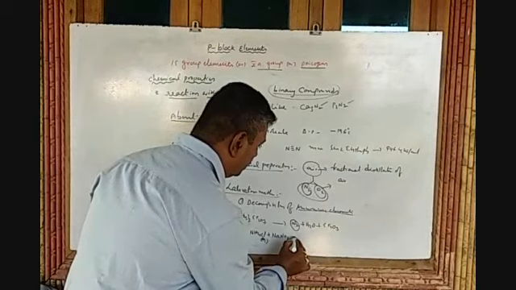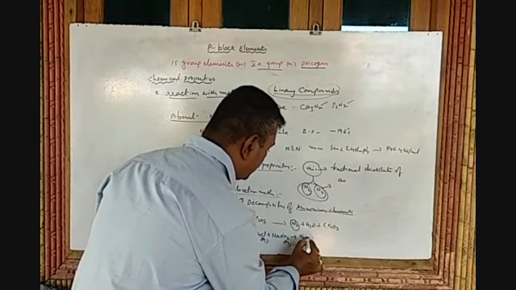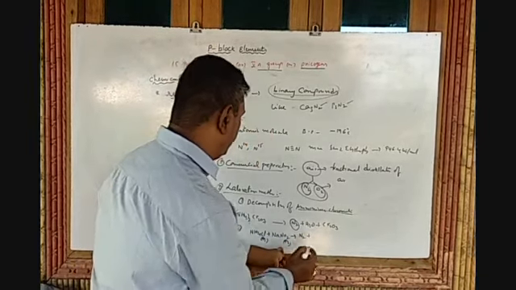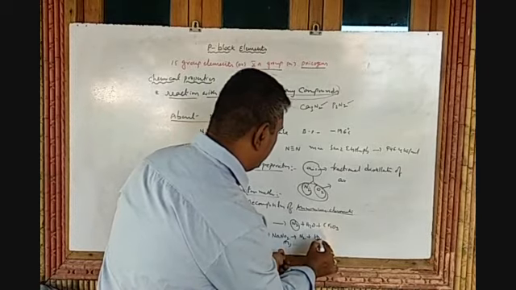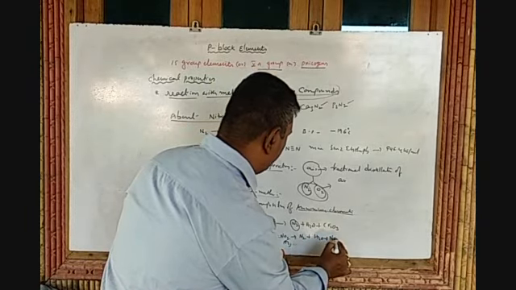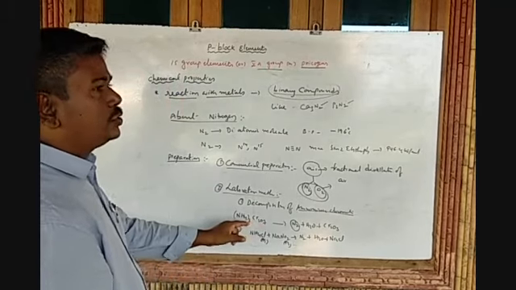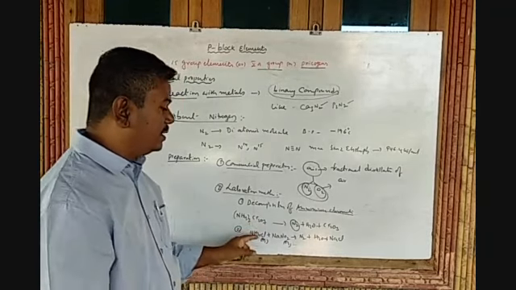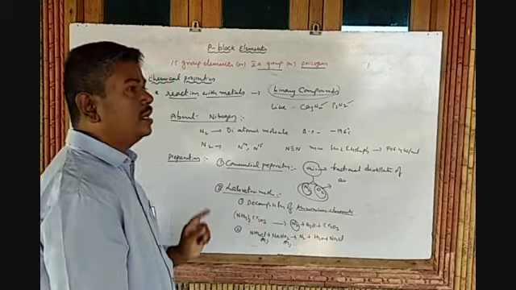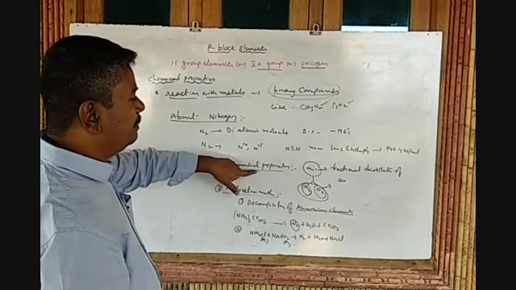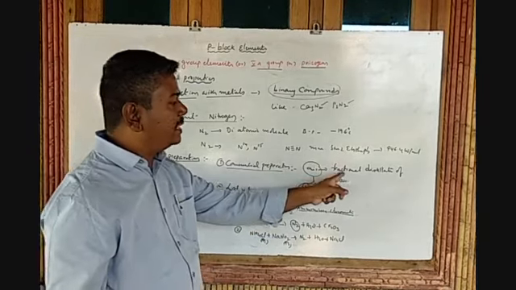Then it forms nitrogen gas with the liberation of H2O and NaCl. So these are the two methods to prepare nitrogen gas in the laboratory.